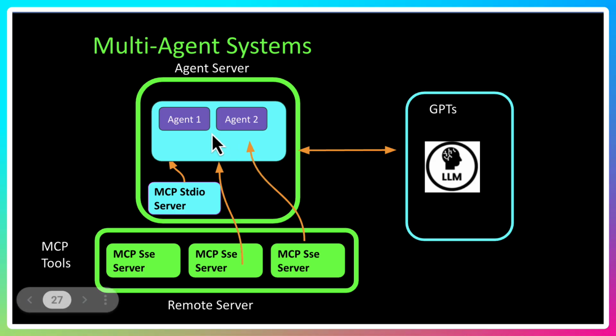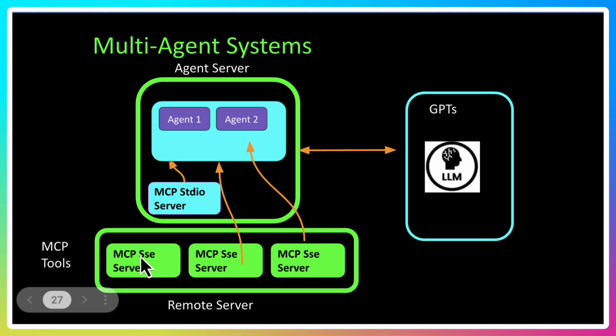Here's an example of a multi-agent system, and here we've got two types of MCP tools. So MCP, as I said, was invented by Anthropic, and it stands for Model Context Protocol. There are two types of server. One communicates over standard input and output, STDIO. The other is server-side event, SSE. And these servers run on a URL.